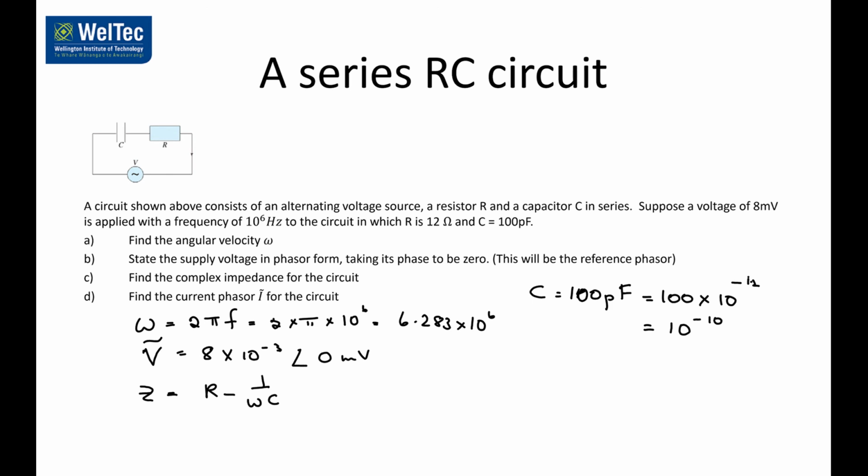So Z is equal to 12 minus 1 over 6.283 times 10 to the 6 times 10 to the negative 10, which equals 12 minus 1591.55. Let's make that a J, put my dot on my J.